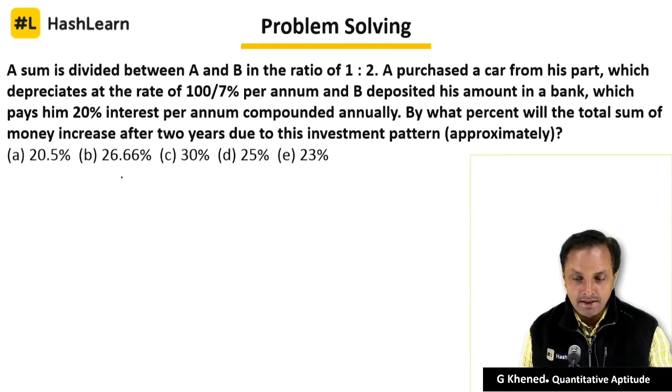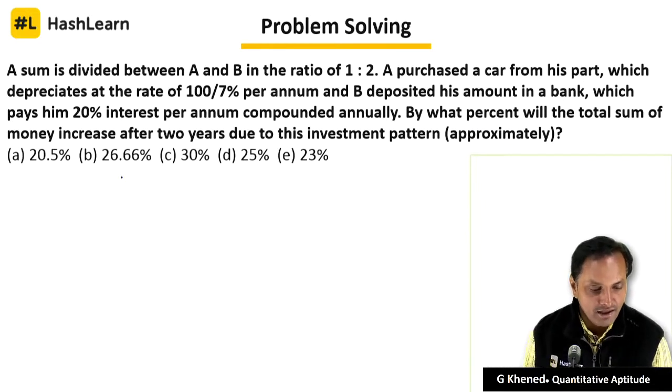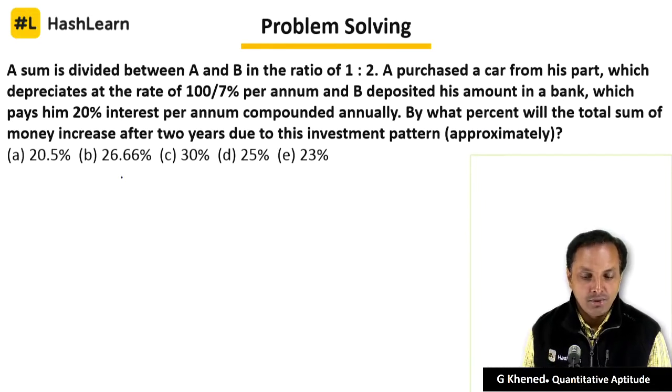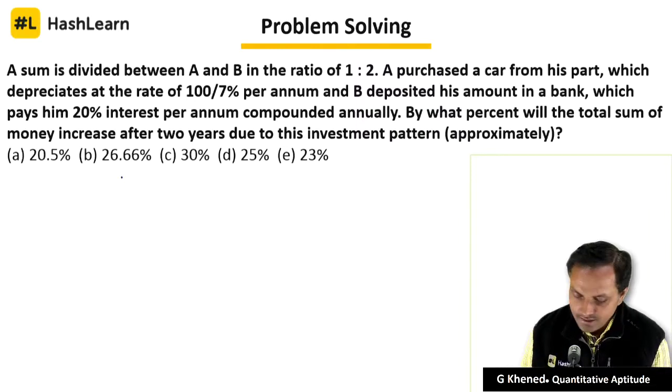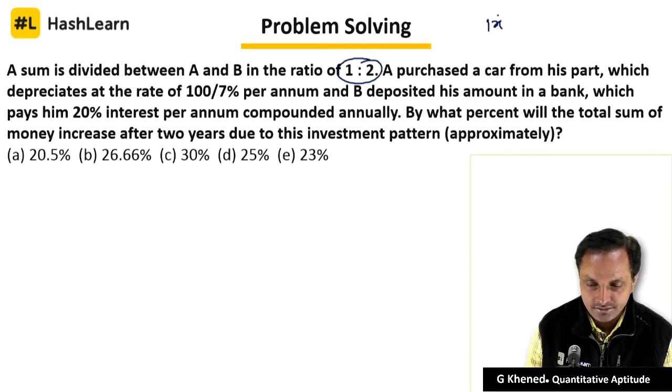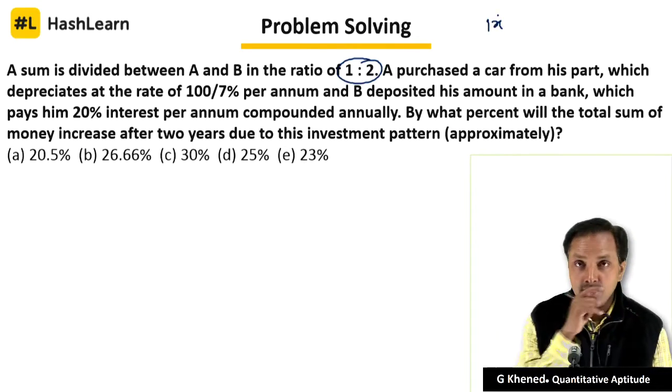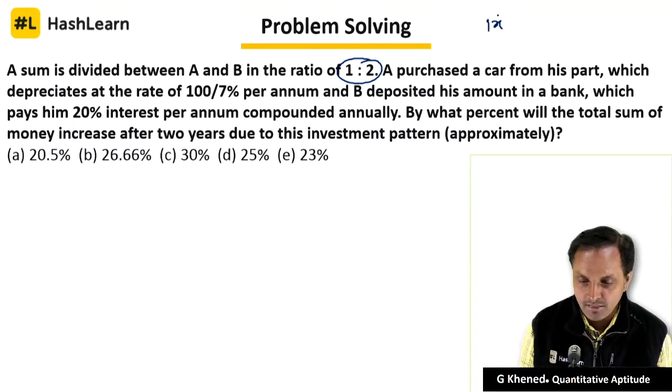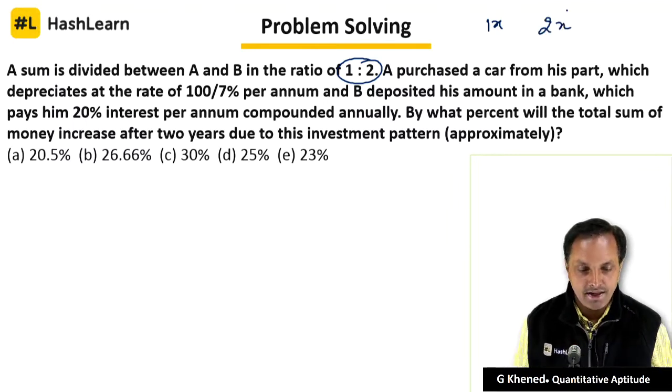By what percent will the total sum of the money increase after 2 years? Approximately is the question. See, 1:2 is nothing but there will always be a constant that will be multiplied to that number. You can write it as 1x and 2x.